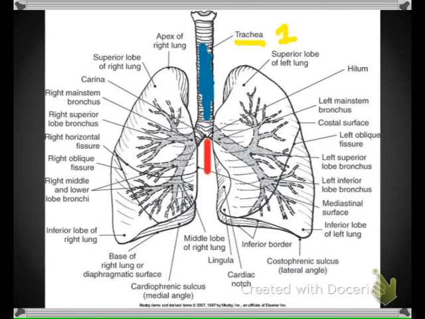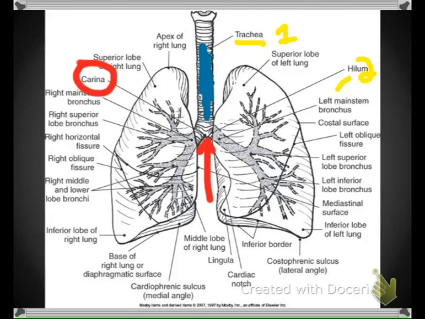We have a bifurcation, and this bifurcation is called the corona here. The corona divides the trachea into left and right main stem bronchus, and so we have number 2 here.